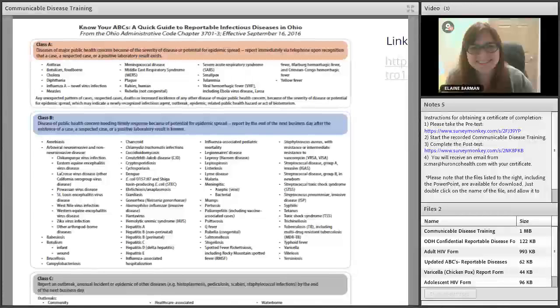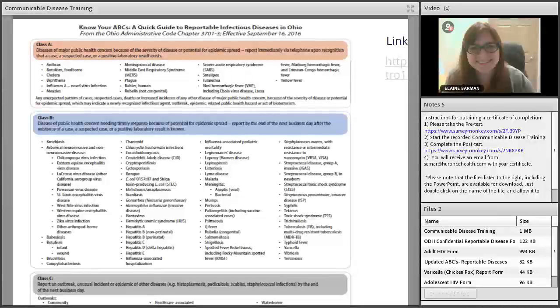Then we move down to Class B, and Class B is a lot bigger class. You can see there's a lot more diseases under this umbrella, and Class B is of public health concern, so we still want a timely response because of the potential for the epidemic spread.